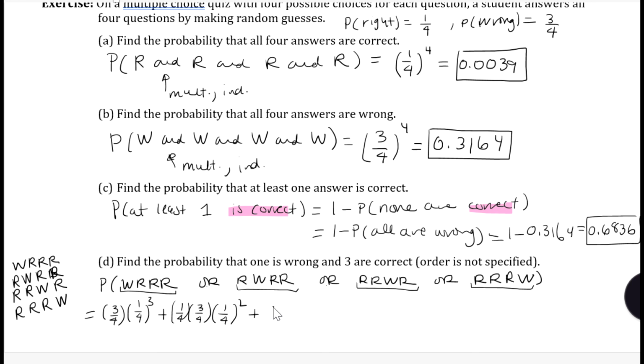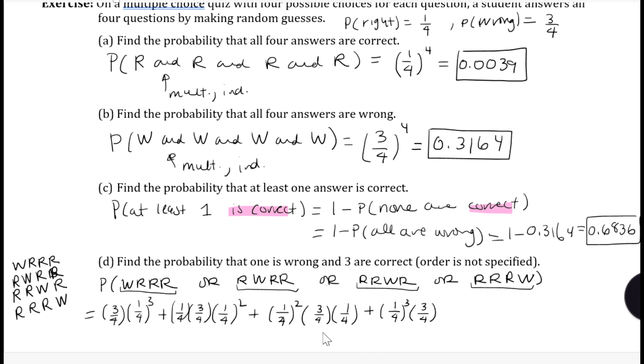Here we're going to have 2 that are right, times 1 that is wrong, times 1 that is right. And then here I'm going to have 3 that are right. Again, R means right. We're going to have 3 that are right and 1 that is wrong.